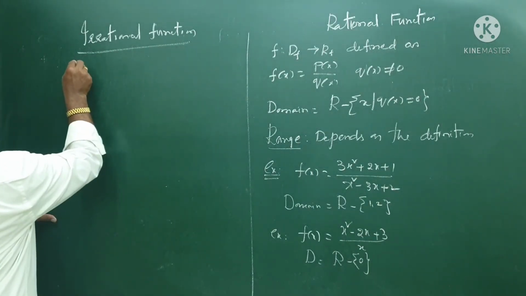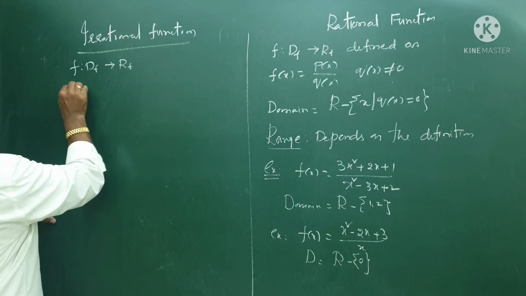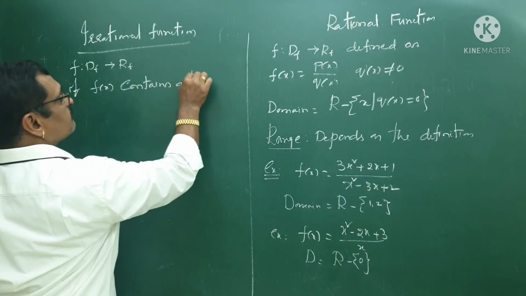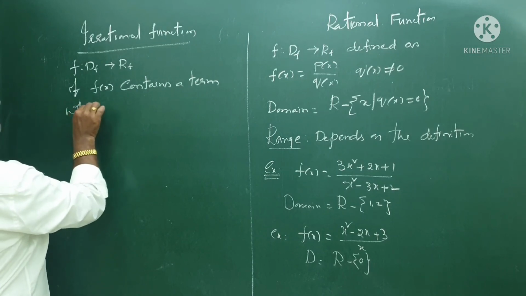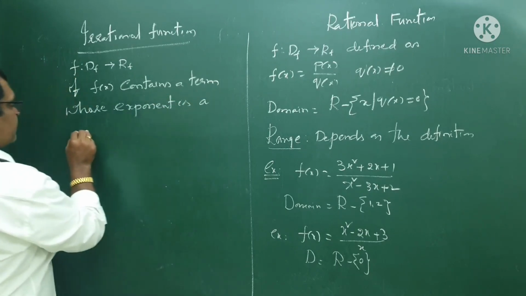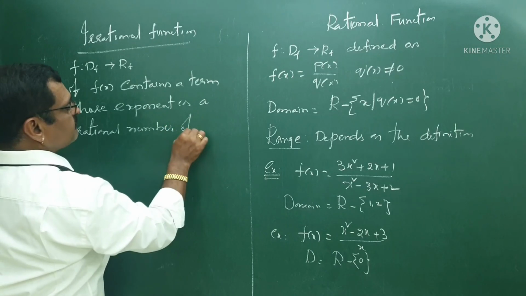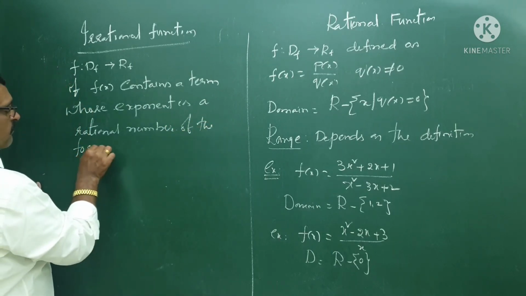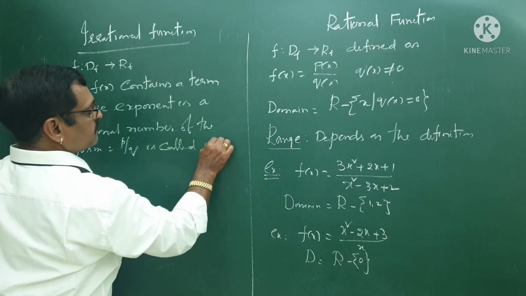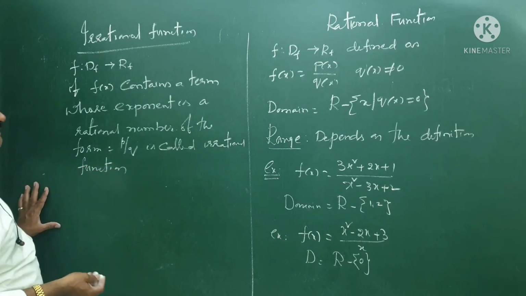Let f map domain of f to range of f. If f of x contains a term whose exponent is a rational number of the form p by q, it is called an irrational function. Then what is the domain? What is the range?